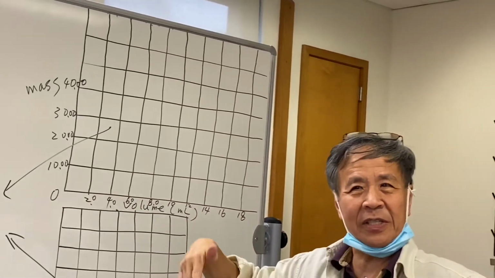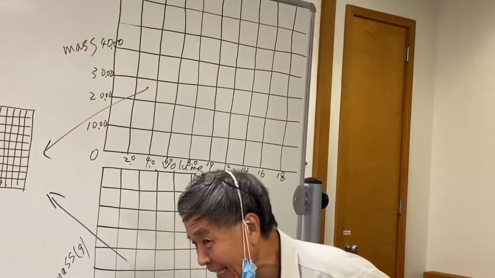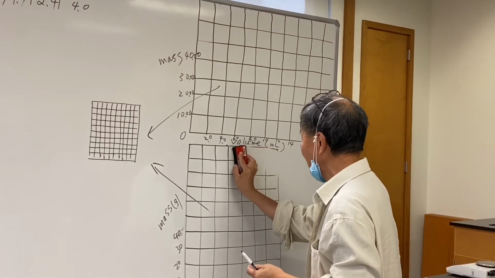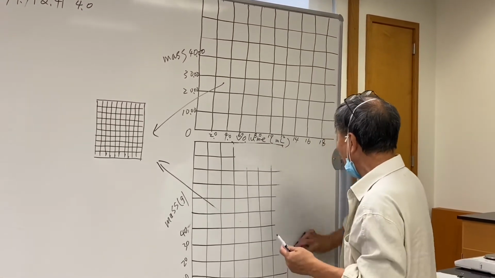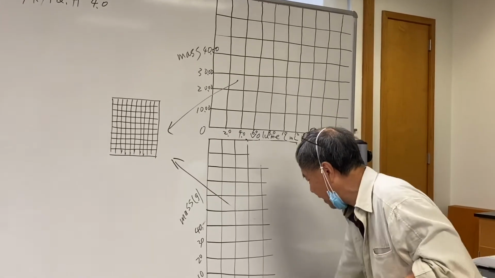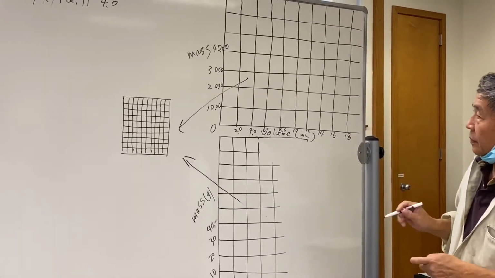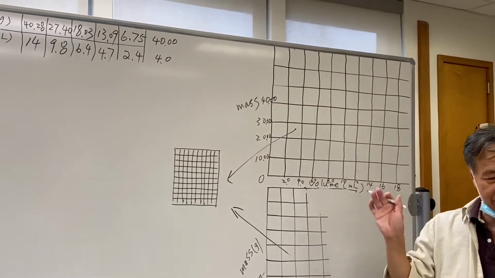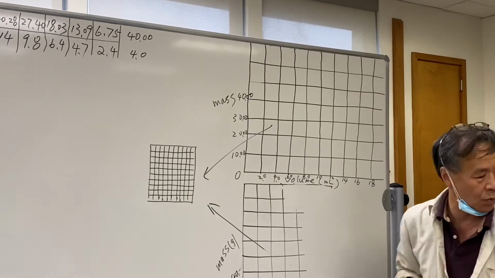Well, I'm just making this up. In the real situation you will not see this, as a matter of fact, but I'm just pointing it out. And that is our setup for today's work.